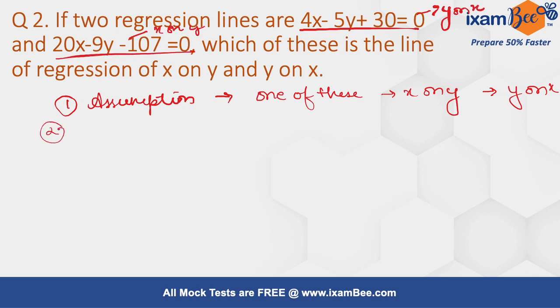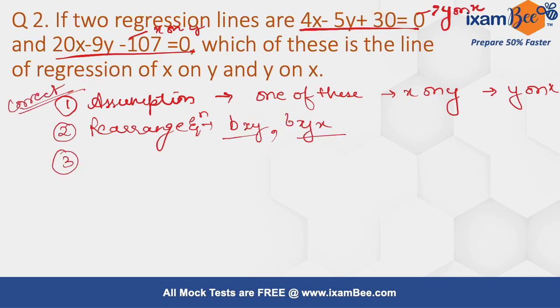Now the second step is to rearrange. We have to rearrange the equations to find the value for the regression coefficient for both. The third step is to find the value for R. The fourth step is to make a conclusion or see whether our answer was correct.